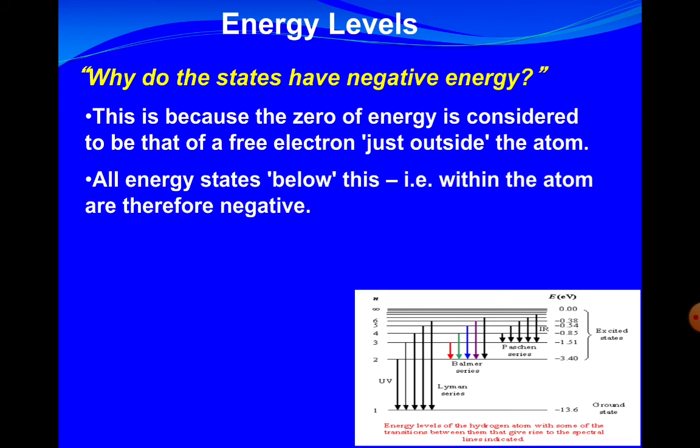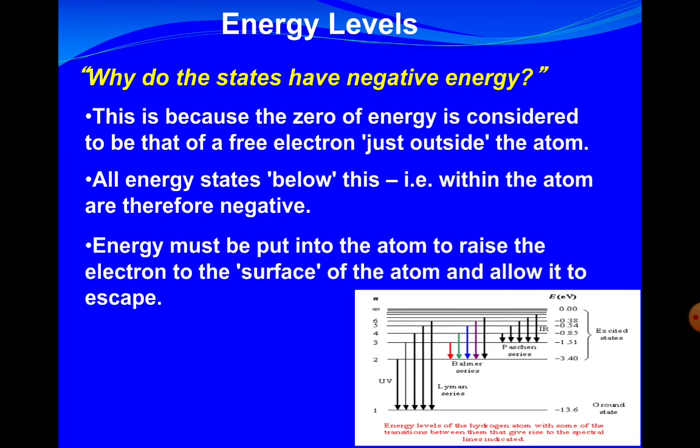All energies below this within the atom are therefore negative. Energy must be put inside the atom to raise the electron to the surface of the atom and allow it to escape. Then it will reach the energy level of zero. So you have to put energy inside the atom, and this can be done by heat, electricity, radiation, etc.